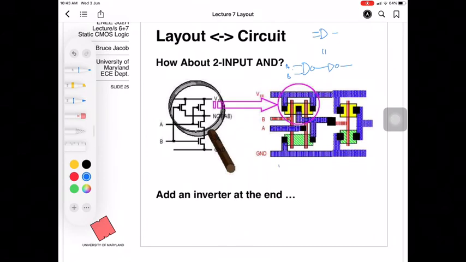So this part here is the NAND, and this part is the inverter. You just cascade them. You put the output of the NAND gate here, out 1, and you put it as the input to the inverter, and you have out 2 over here. So this should help you in your lab.